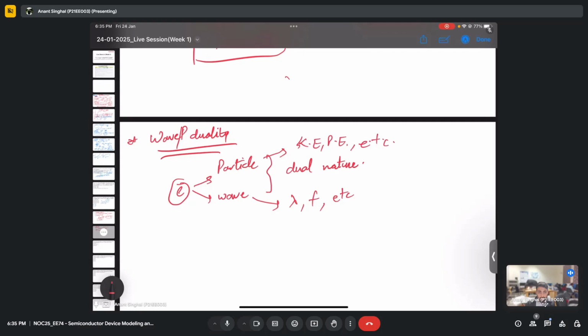This wave-particle duality is basically fundamental to the quantum processes that we have. And this is what was proposed by de Broglie, that a particle has a wave nature, with a wavelength given by lambda equals h upon mv, or h by p.